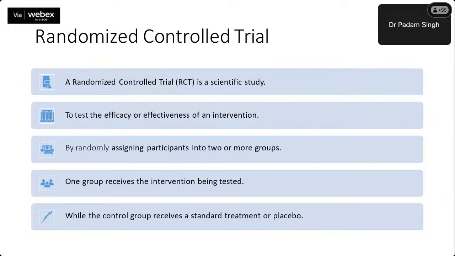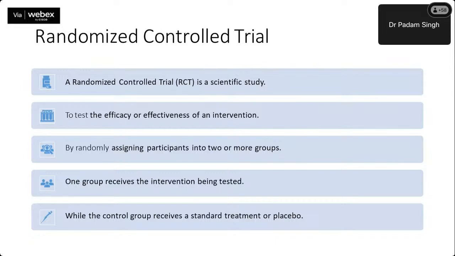Minimum two, it could be more than two as well. Of these two groups, one group receives the intervention that is being tested, while the other group serves as a control, which receives the standard care, जो already है.